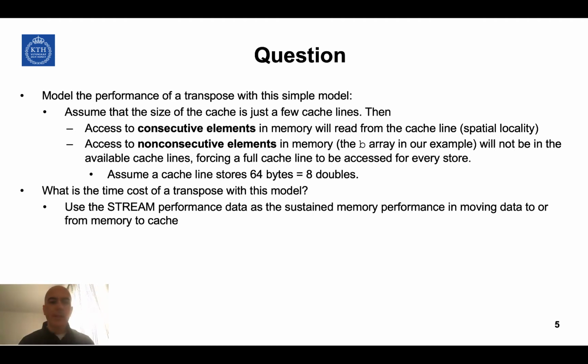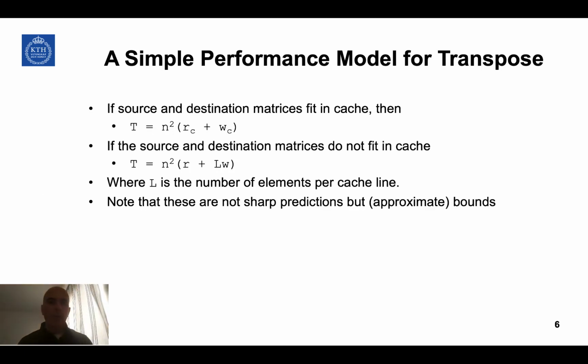So what is the time cost of a transpose with this model? Well, we can use the STREAM performance data as the sustained memory performance in moving data to or from the memory to the cache and use it in our model. A simple performance model is the following. We will have two cases.